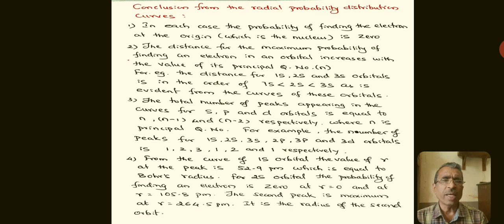The second peak is maximum at r equal to 264.5 picometer. Therefore, the radius of the second orbit is 264.5 picometer, and the node region from the nucleus is at 105.8 picometer.